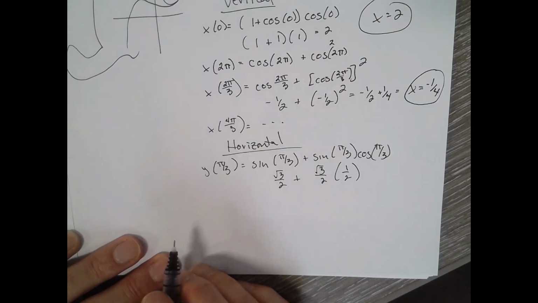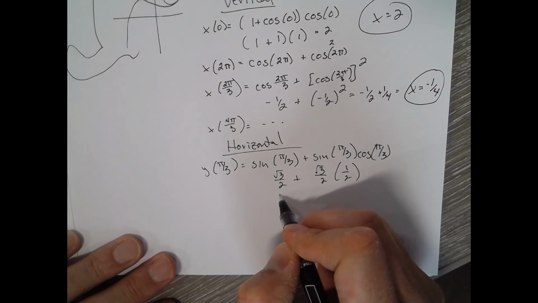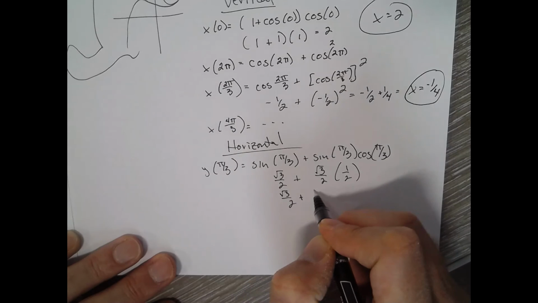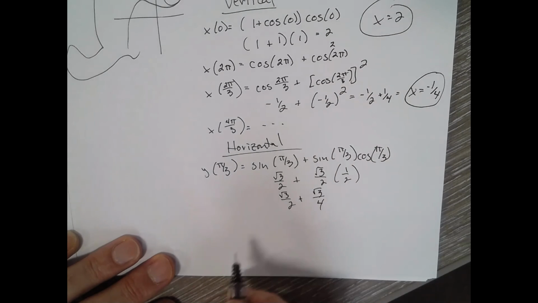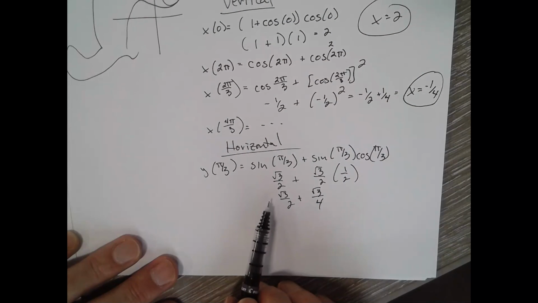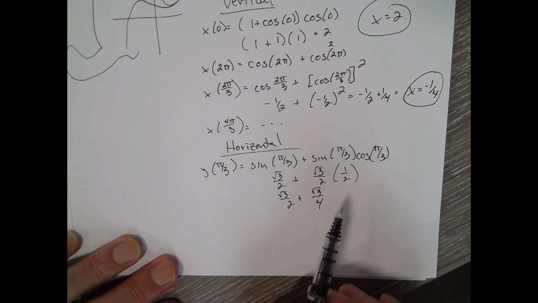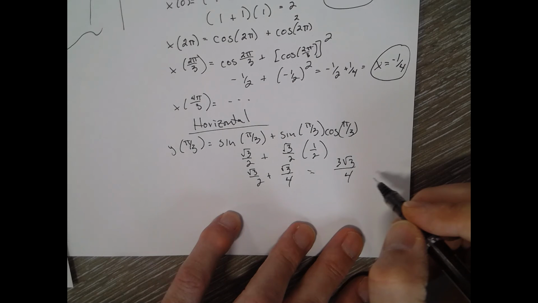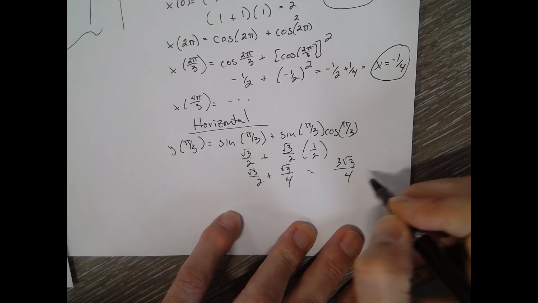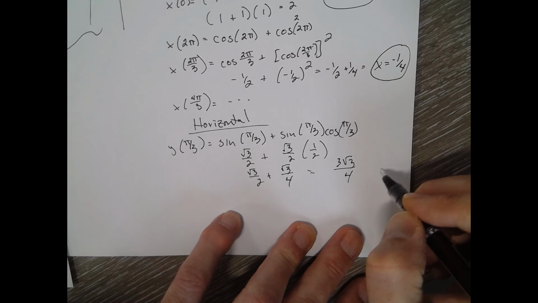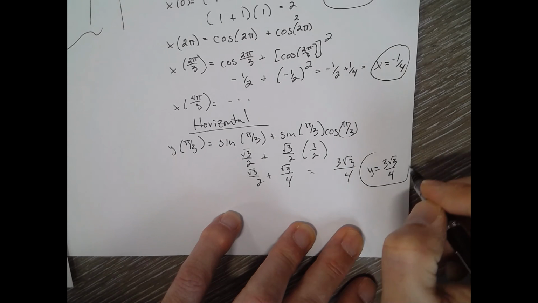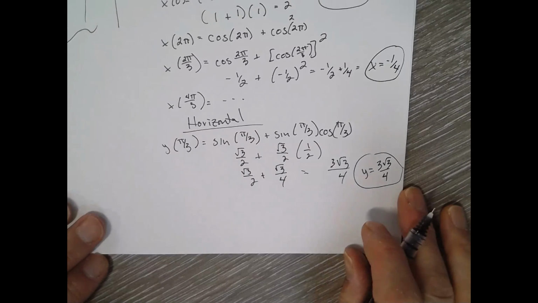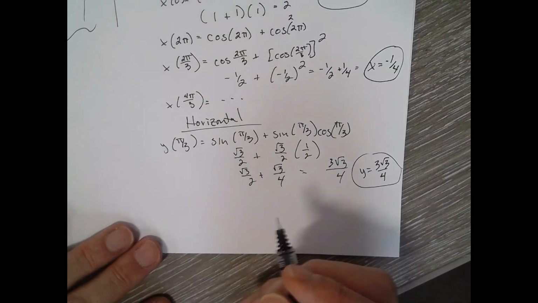So I get square root of 3 over 2 plus the square root of 3 over 4. So that's 2 square root of 3 over 4 plus square root of 3 over 4 is 3 square root of 3 over 4. So y equals 3 square root of 3 over 4 is one horizontal. And two more.